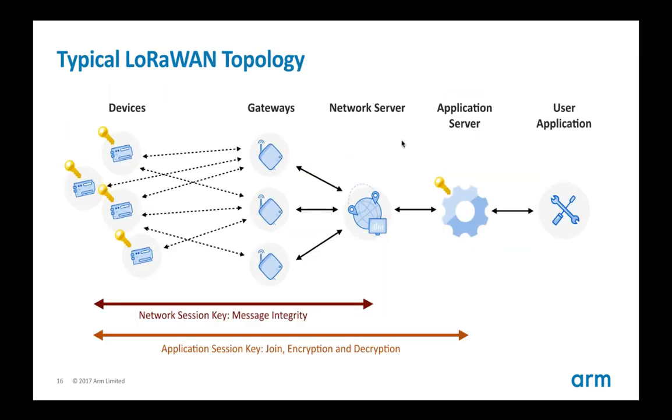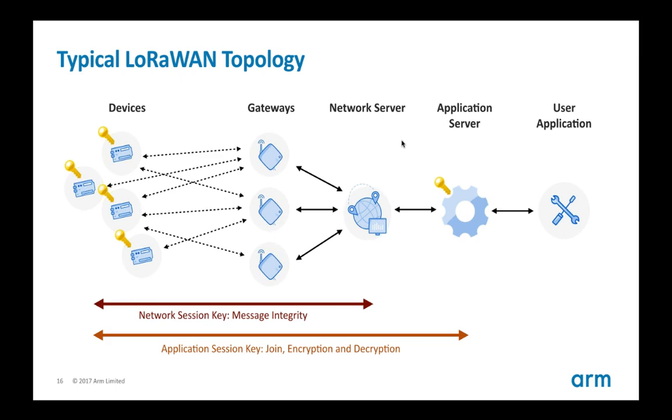So the typical network topology is as follows. We have end devices, we have gateways, there's a network server, there's an application server, and there is the user application. With LoRaWAN, which is different from, for example, Wi-Fi, Bluetooth and even cellular, there is no pairing between a device and a gateway. So there's actually no connection between the two. The gateways do not know the end devices.